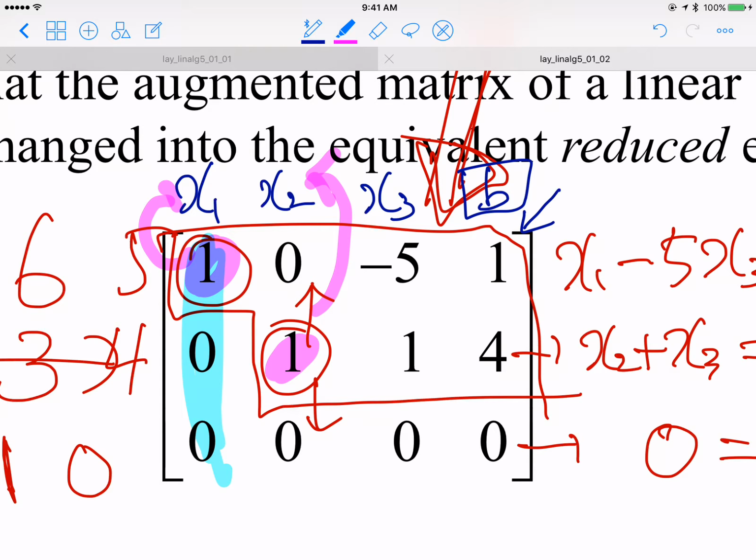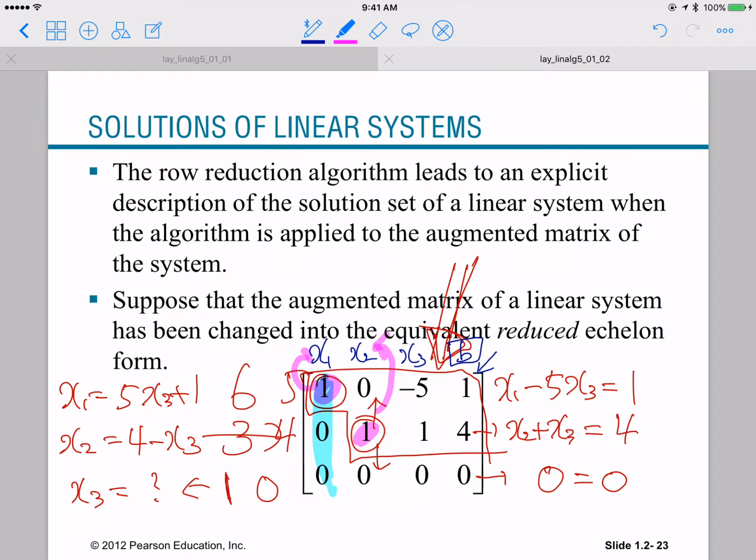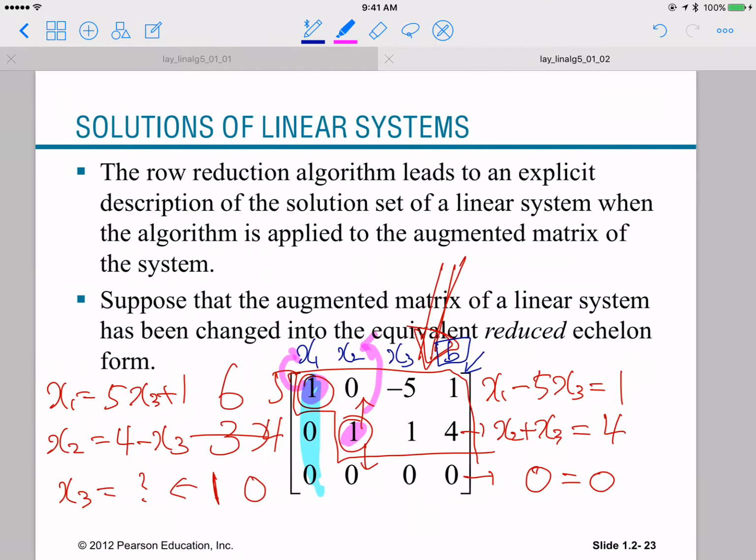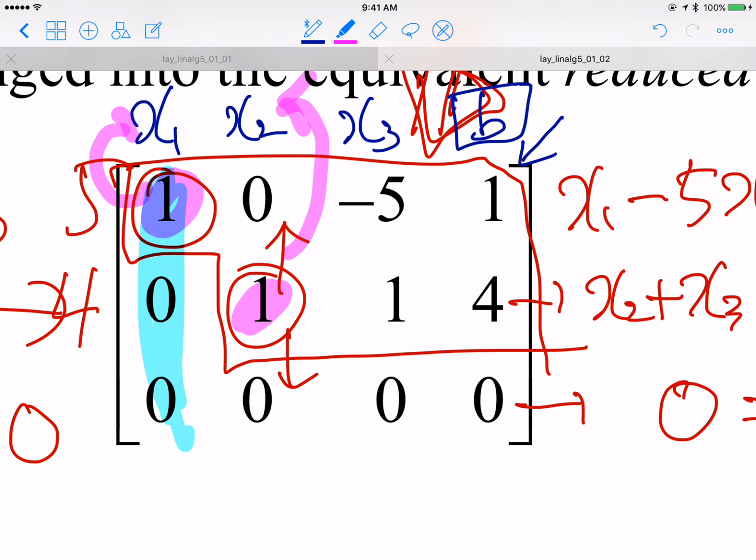So let's relate this characteristic to free and basic variables. The column which doesn't have any pivot, that variable will become your free variable, and those variables which have pivot positions in some rows are basic variables.